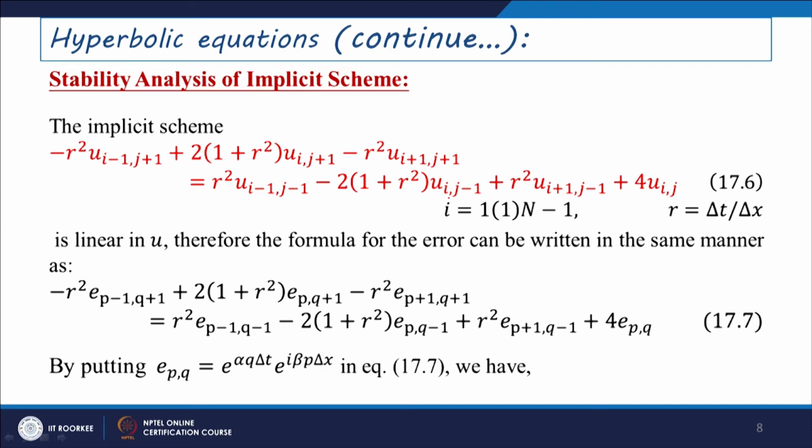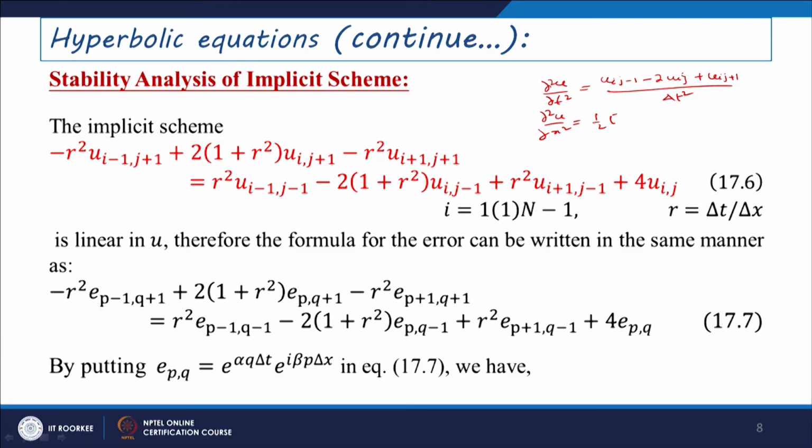In the implicit scheme we are considering the central difference approximation for the time derivative, that is u i j minus 1 minus 2 u i j plus u i j plus 1 by del t square, and for the space derivative we are considering the average of the derivatives at the i j minus 1th level and the i j plus 1 level.